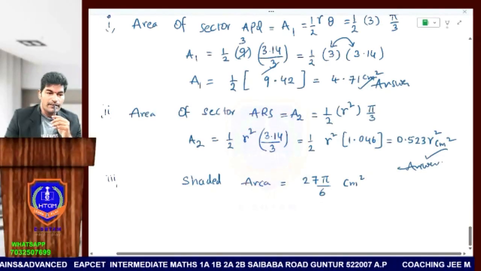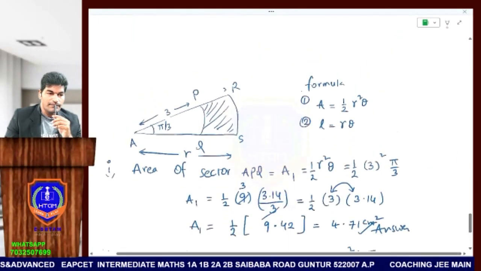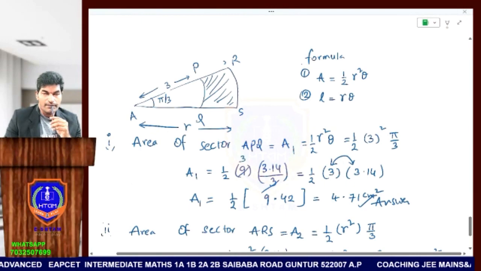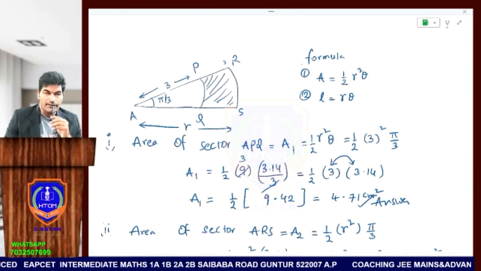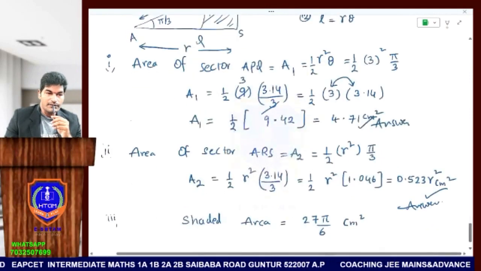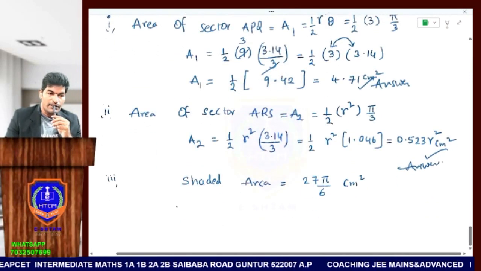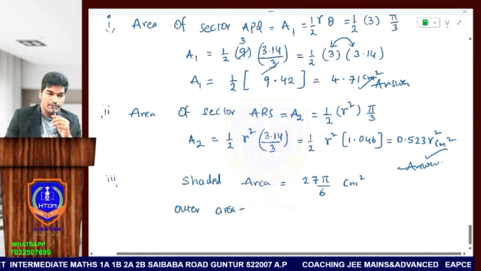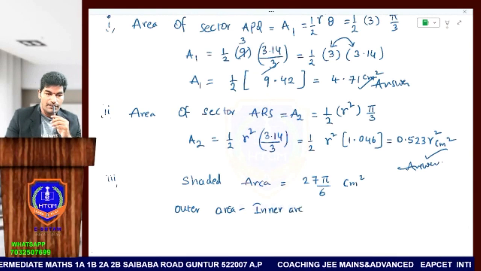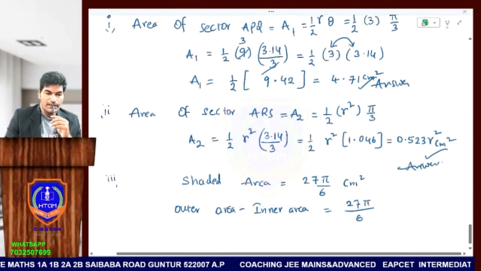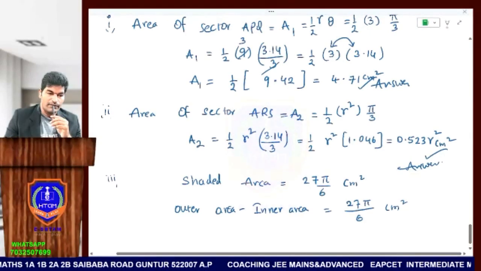Actually, how did you get that shaded area? By subtracting the outer layer minus the inner layer, that shaded portion will be the result, right? So write down outer area minus inner area equal to how much is mentioned? 27 pi by 6 centimeter square.